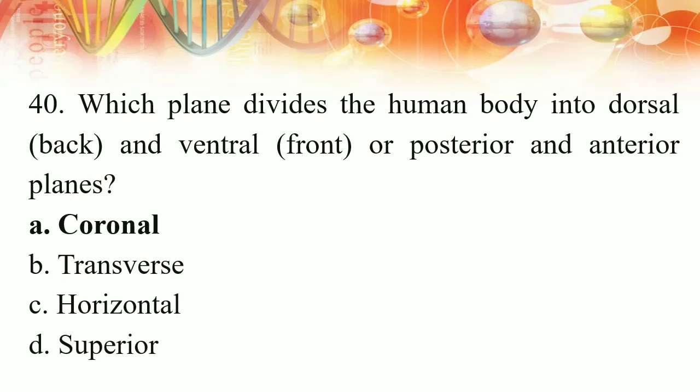Example, the nose is superior to the mouth. Horizontal, axial or transverse plane is the plane that divides the body or an organ horizontally into upper and lower portions. Coronal plane, also known as the frontal plane, is any vertical plane that divides the body into ventral and dorsal sections. Clearly, the answer is coronal.